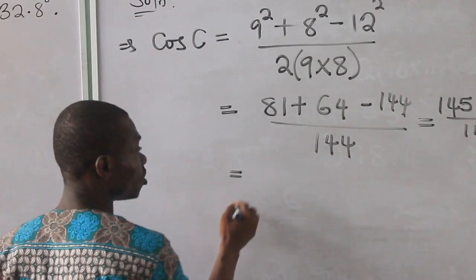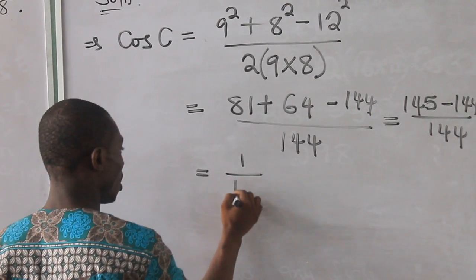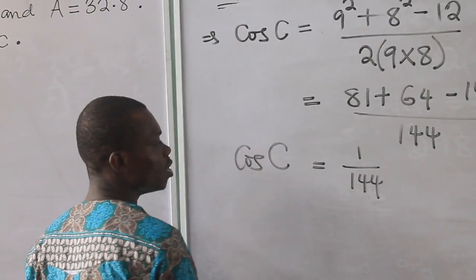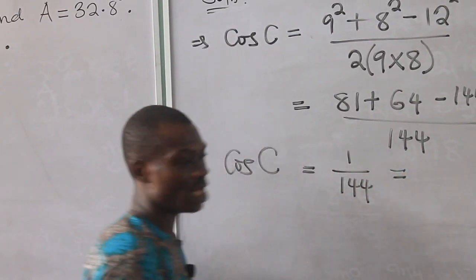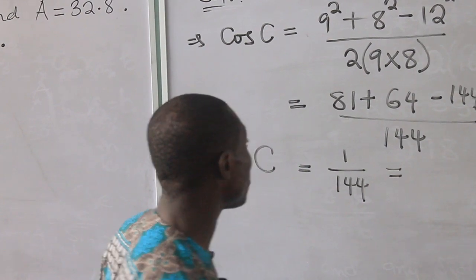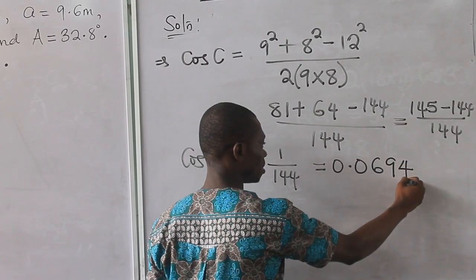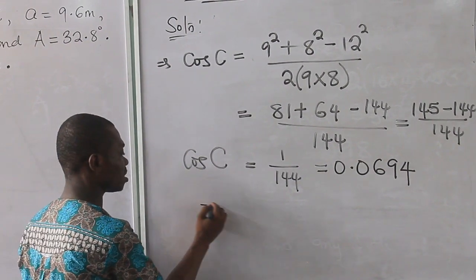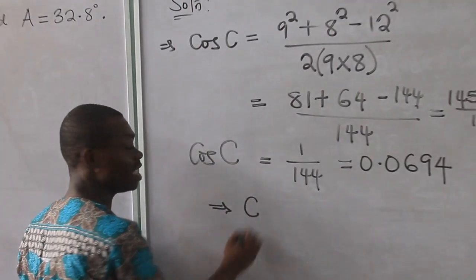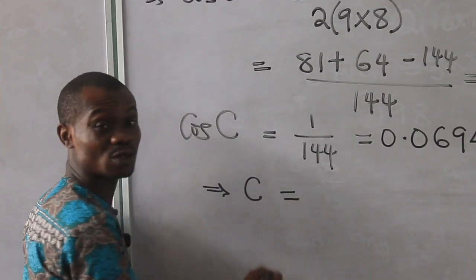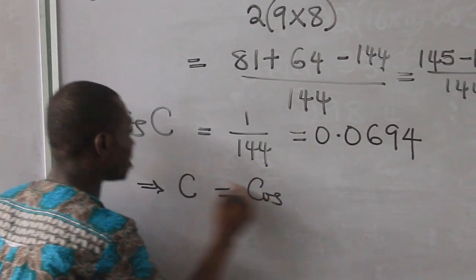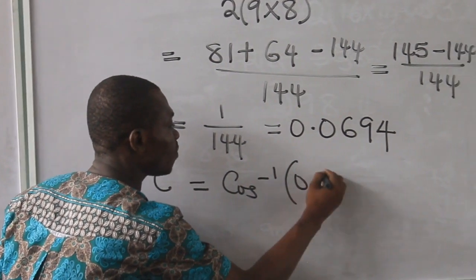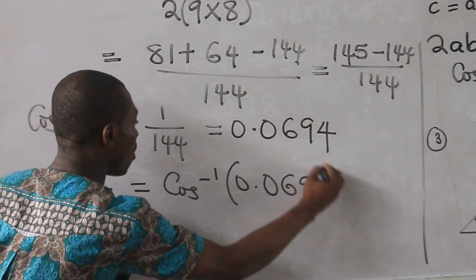Now see what that is going to be. That will be 1 all over 144 as our cos C. So, and if we put this in decimal, what is that going to be? Okay, so this is 0.0694, and that now means that my C alone is now going to be the cos inverse, because cosine will come over, cos inverse of 0.0694.